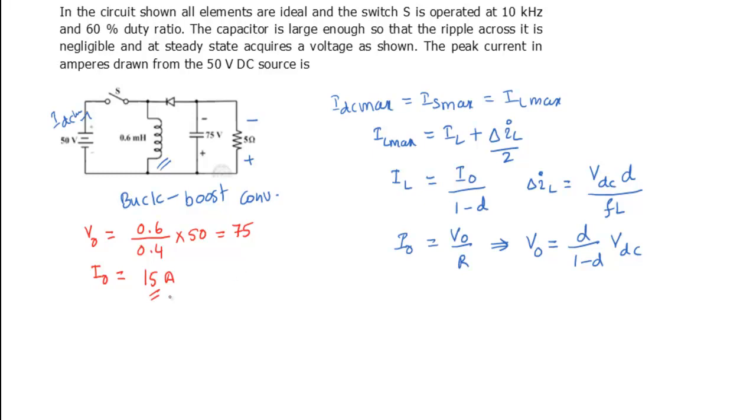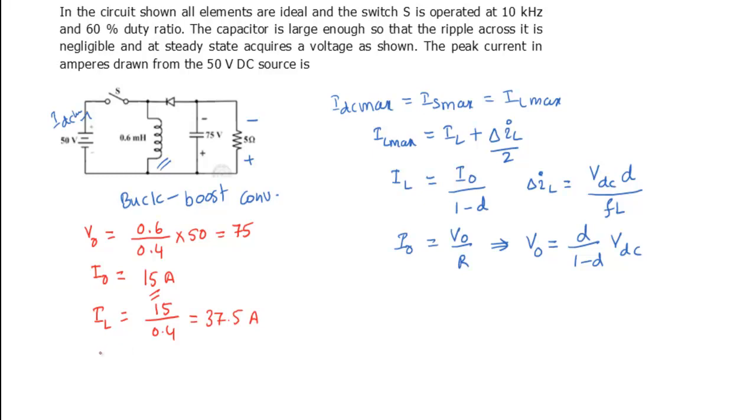From this we calculate IL. IL is 15 divided by 1 minus D, that is 0.4, so it is 37.5. That's IL. Next we need to calculate delta IL.